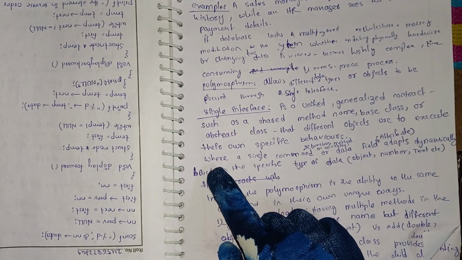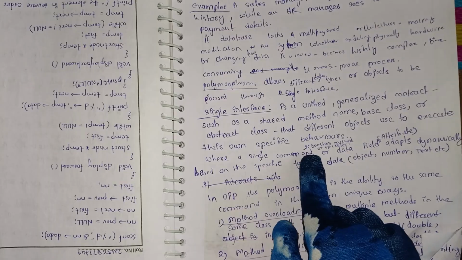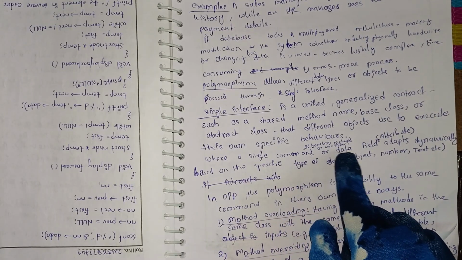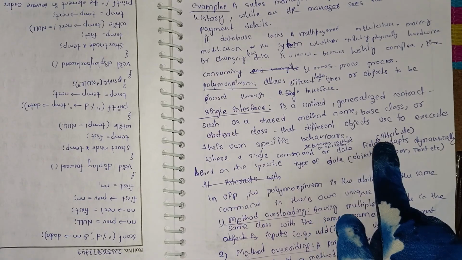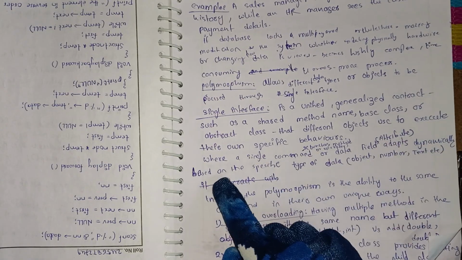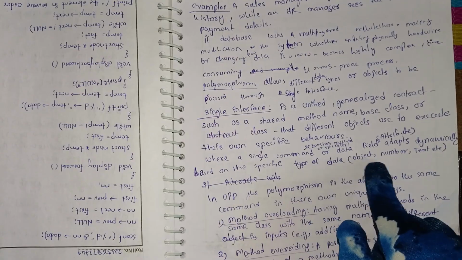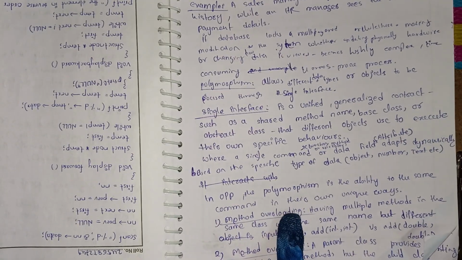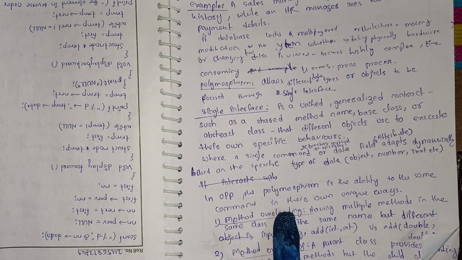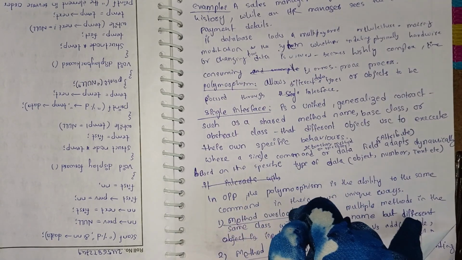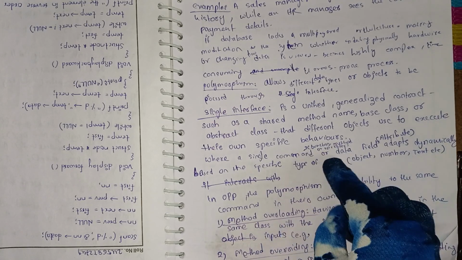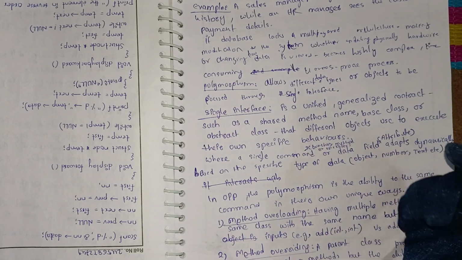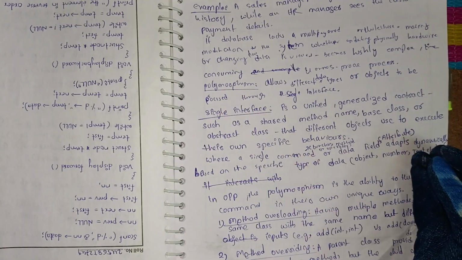And then, a single command, meaning function, method, or operation, or data field, meaning attribute, adapts dynamically based on the specific type of data, object, number, text, etc. Functions are adapted according to an object.